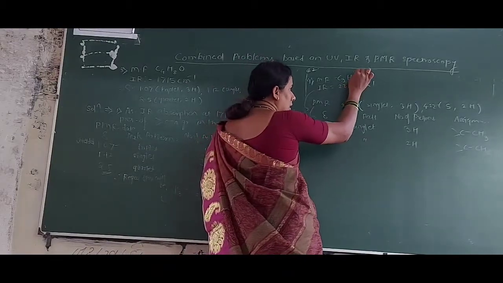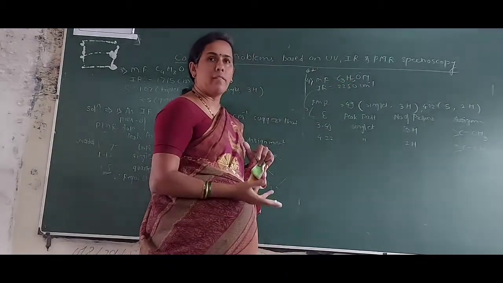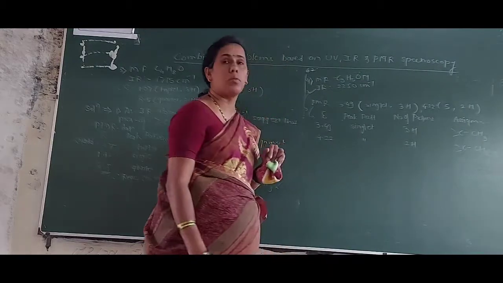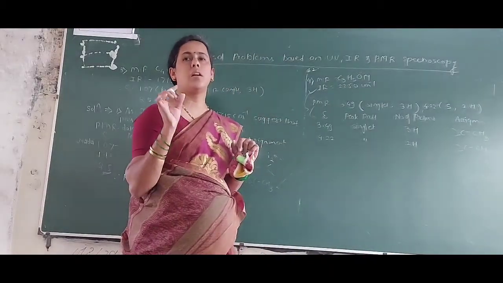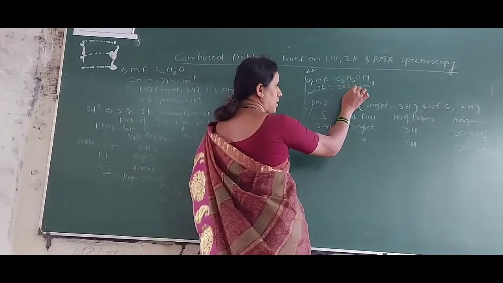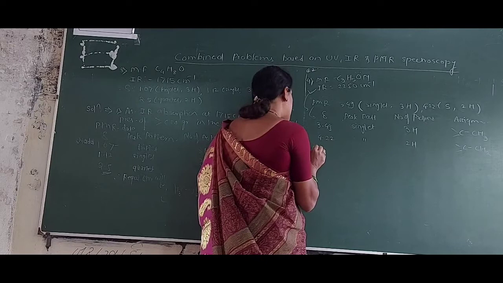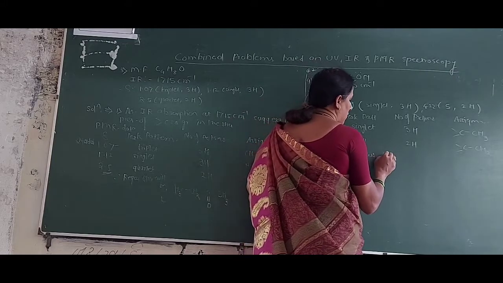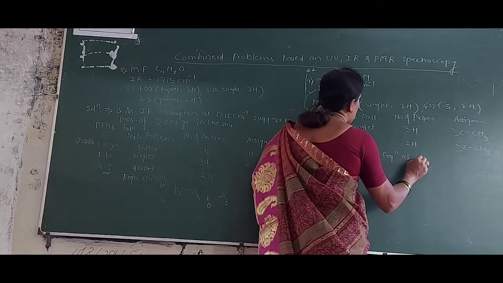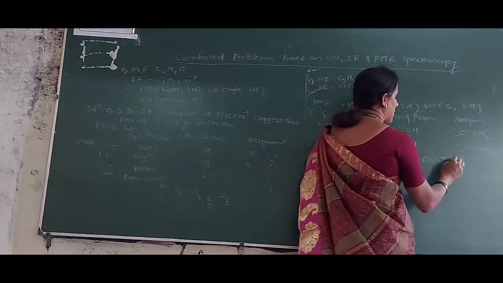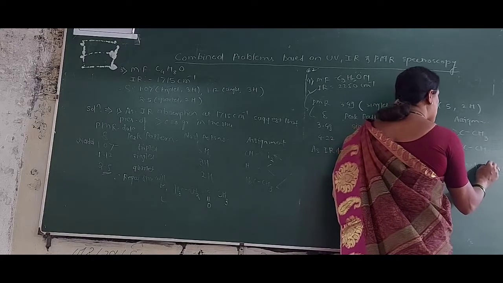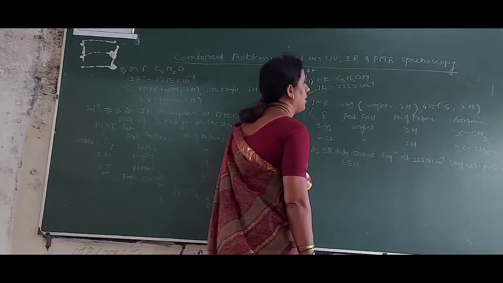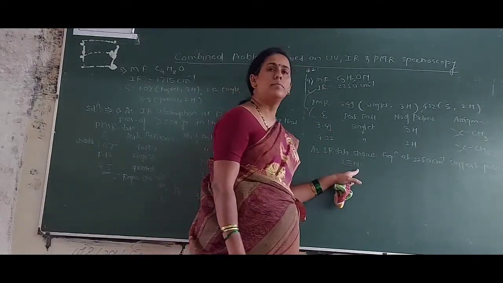If we place this oxygen in between the 2 carbon atoms, the higher frequency is equal to that of the functional group C triple bond N. As the IR data shows, the frequency at 2250 centimeter inverse suggests the presence of which group? C triple bond N.